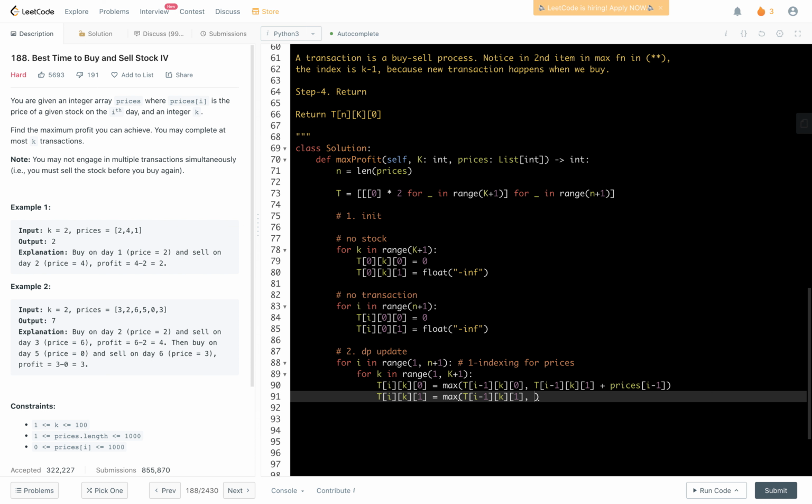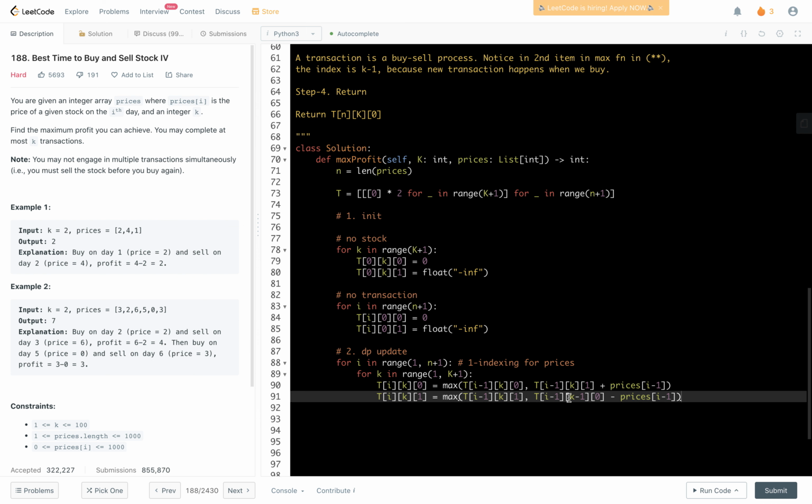Another equation is T[i][k][1]. For this case, we see T[i-1][k][1]. In other words, on the previous day we have stock, and on day i we rest. And then we write T[i-1][k-1][0].